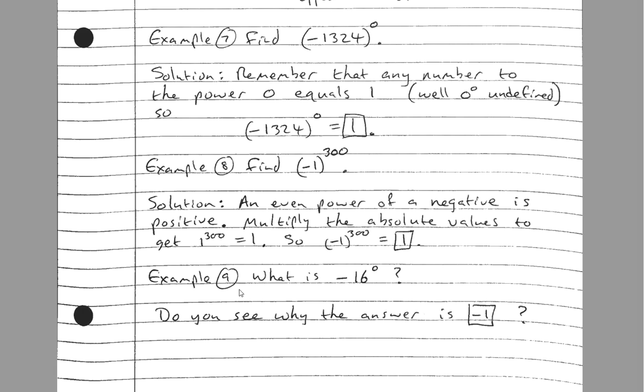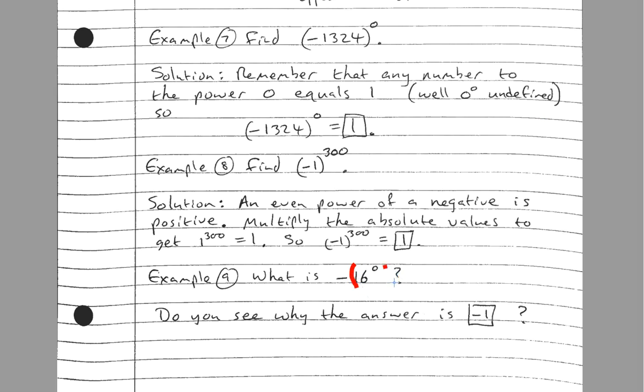Okay, example 9. In this example we have a negative 16 to the power 0. So what is the base here? There's no parentheses around the negative 16, so the base is just 16. 16 to the power 0 is 1.